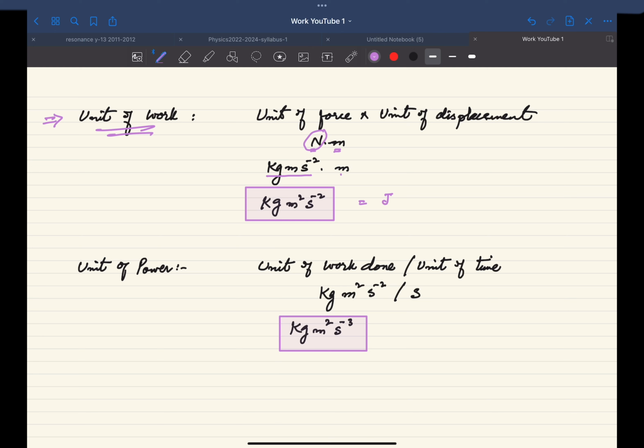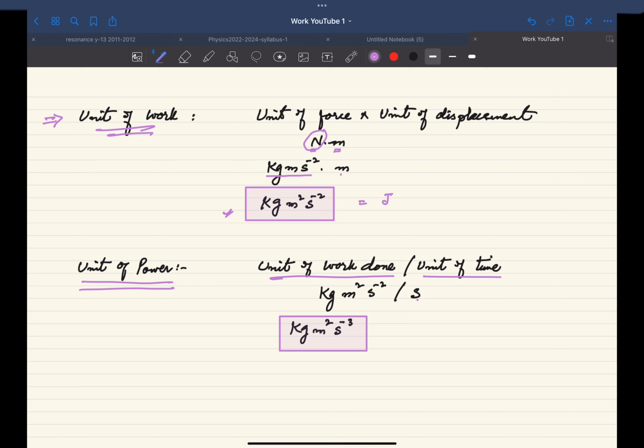On the other hand, if you want to write the unit of power, then again you will use the basic equation, the definition of power: work done per unit time. So the unit of work done is here, and of course the unit of time is second.